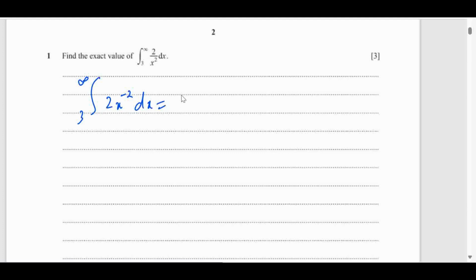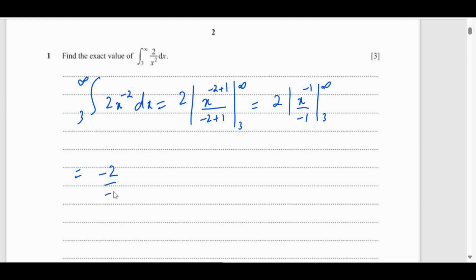Now if we integrate it further, this will be x power minus 2 plus 1 divided by minus 2 plus 1, from 3 to infinity. Now this will be 2 into x power minus 1 whole divided by minus 1, from 3 to infinity. Now we have to put the limits, upper limit minus lower limit, but this will become minus 1.